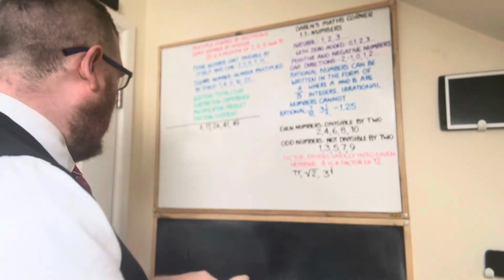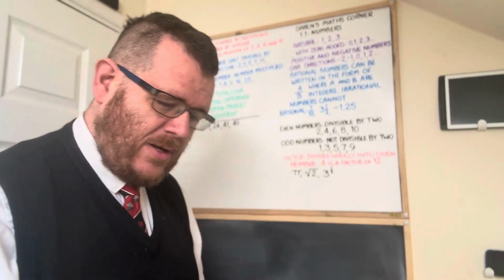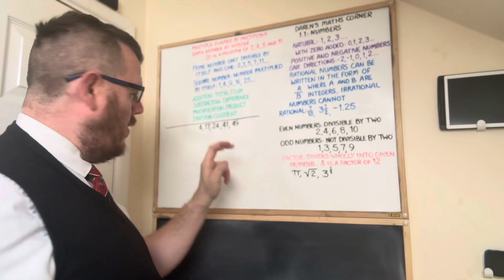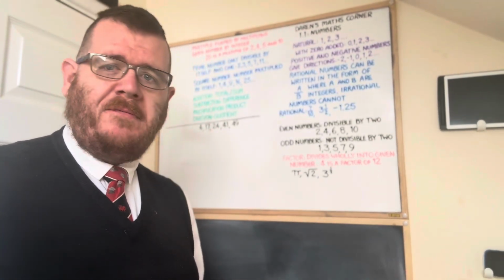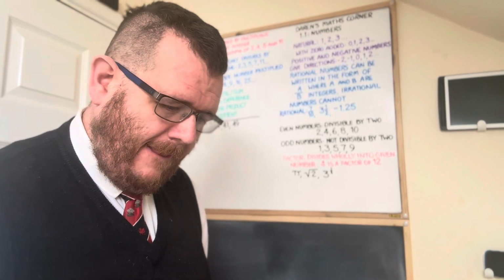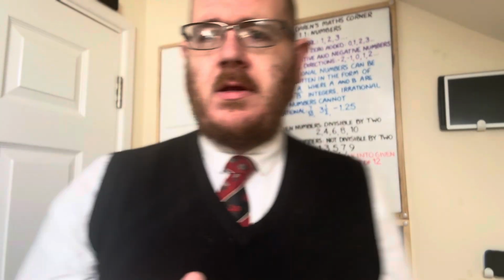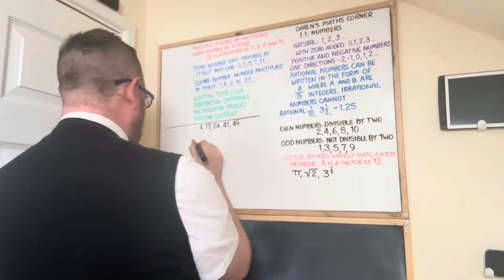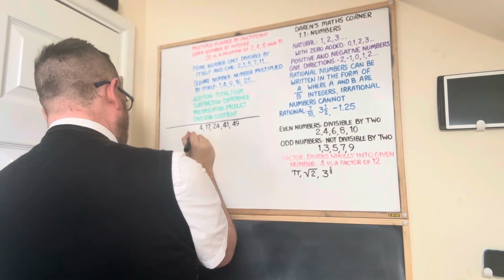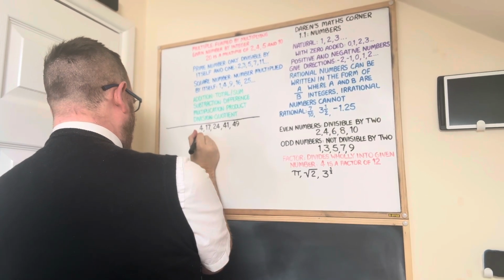And then you have the following. From the set of numbers which I've got here, 4, 17, 24, 41 and 49, first off, we're going to write down a multiple of 8, which is 4.